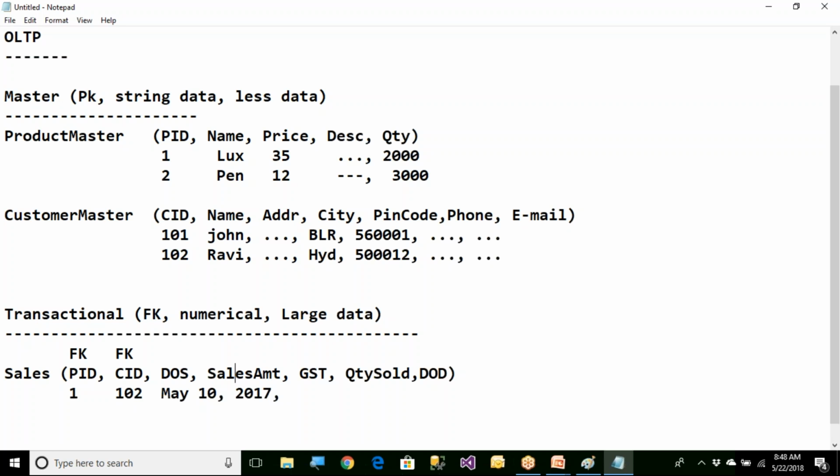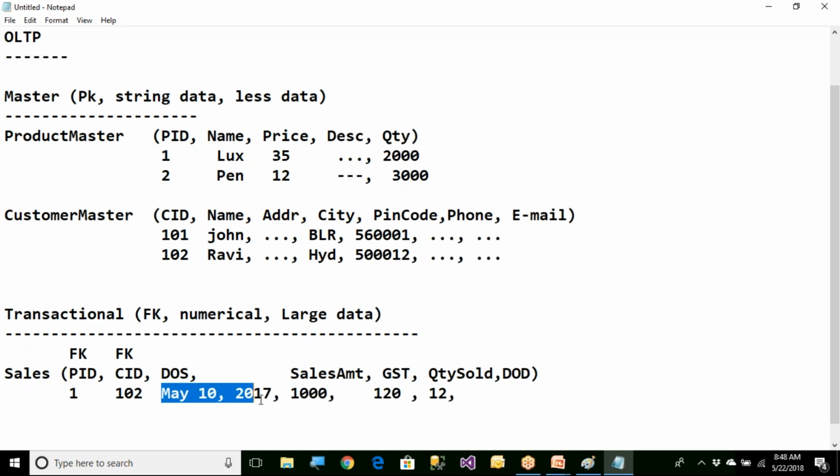And what is the sales amount, what is the amount they have paid? Let us say some 1000 rupees, GST 120 rupees, and they have purchased say 12 products, something like this. And the expected date of delivery would be May 10th, and it may be May 15th. That is what they wanted. So this is the data you will be having.